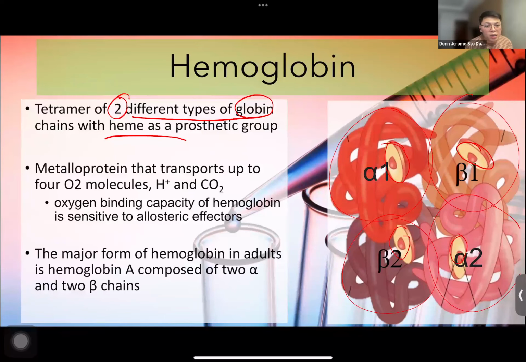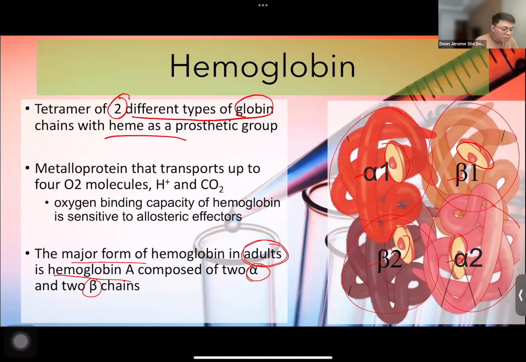Therefore, depending on the stage of development or condition of the patient, that will determine the type of hemoglobin that he or she will have. Such that in adults, the major type of hemoglobin we see is hemoglobin A. It is made up of 2 alpha and 2 beta chains. At tandaan nyo, laging dalawang klase na nag-prepare.